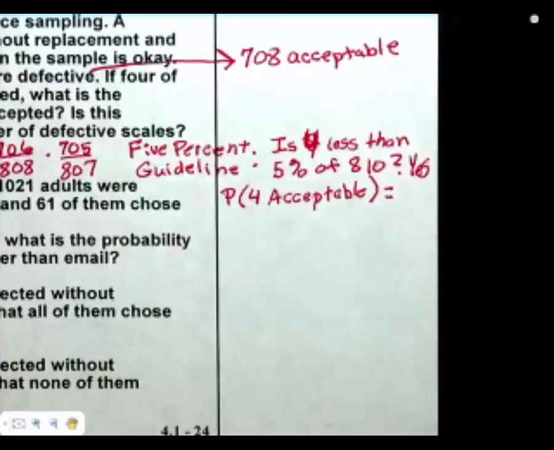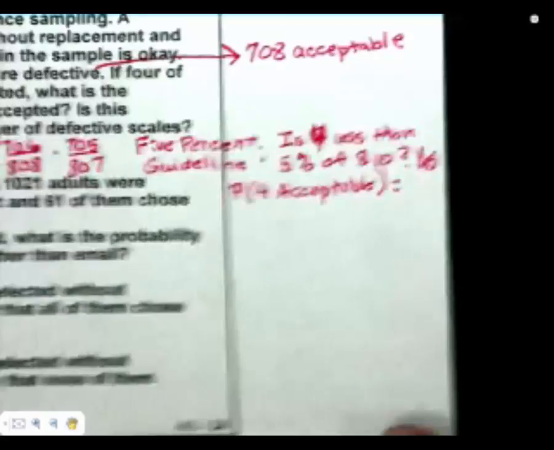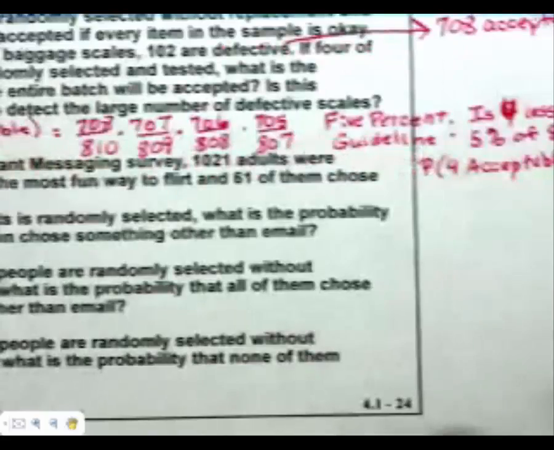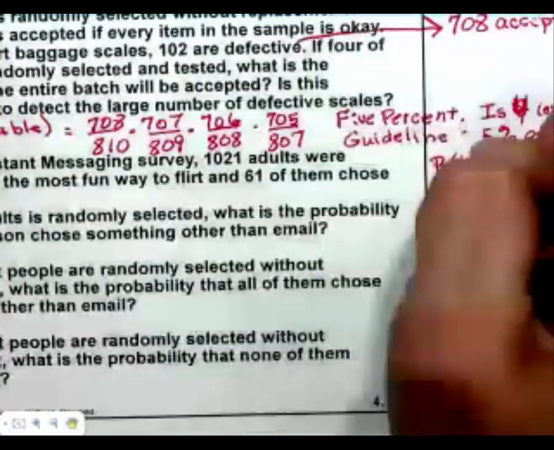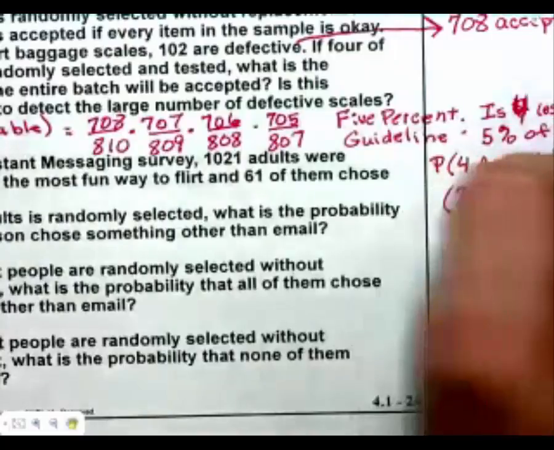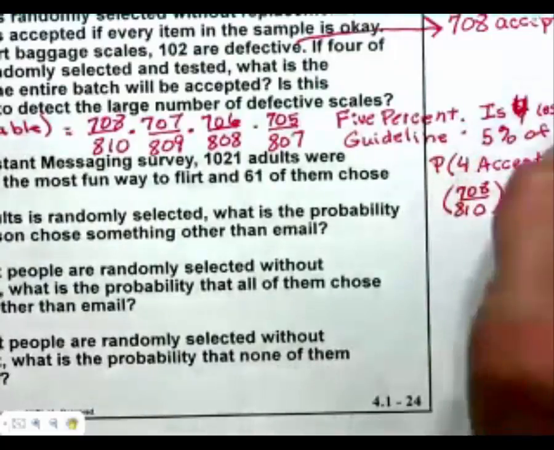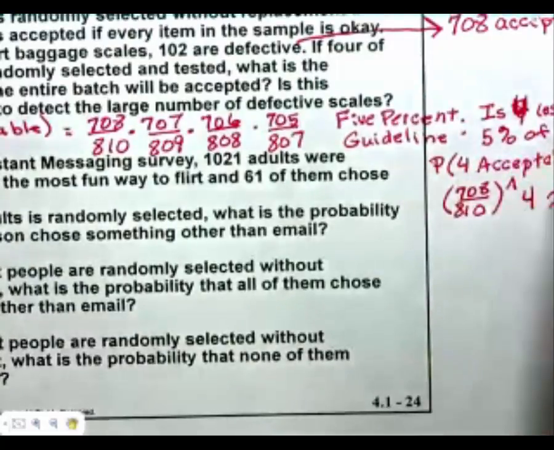And that way, all 4 draws, the probability of acceptable would be what? What was it originally? 708 over 810. If you use the 5% guideline, you just multiply that times itself 4 times, or even easier on the calculator, 708 divided by 810 to the 4th power. That's much easier to enter on the calculator.